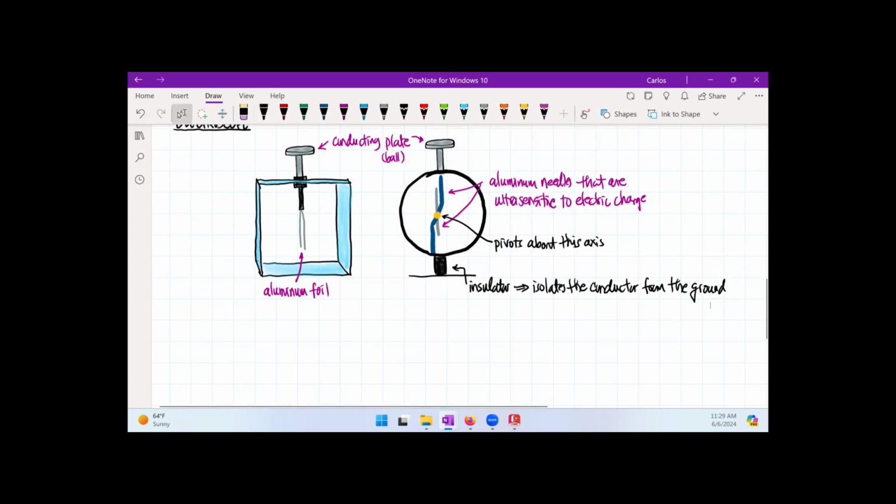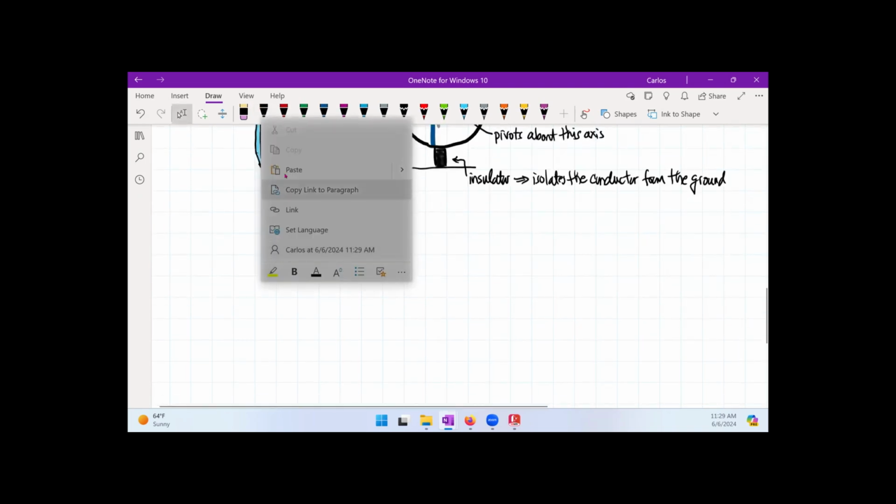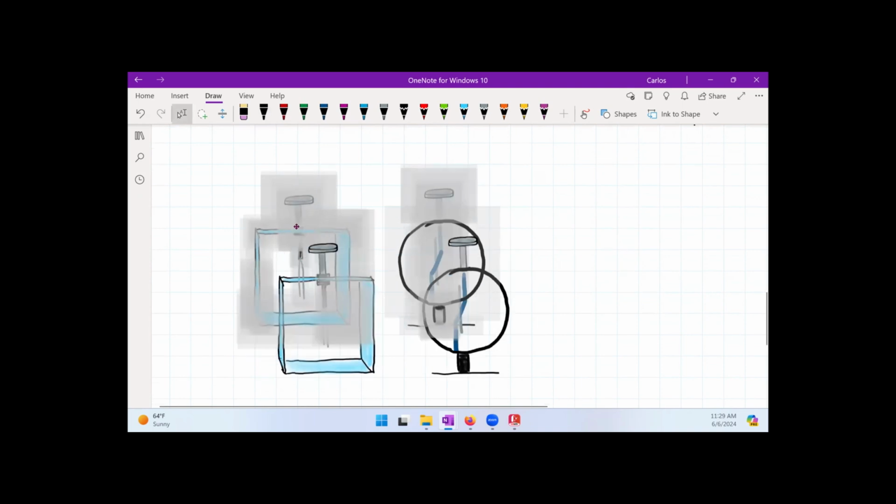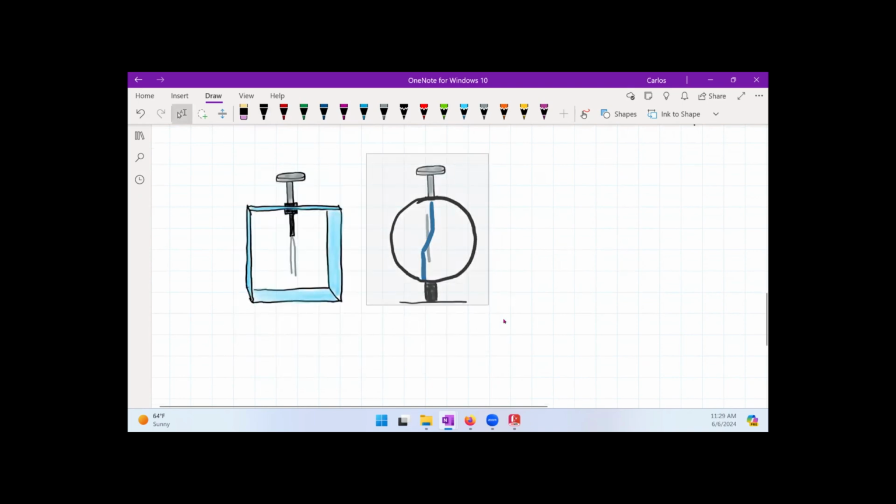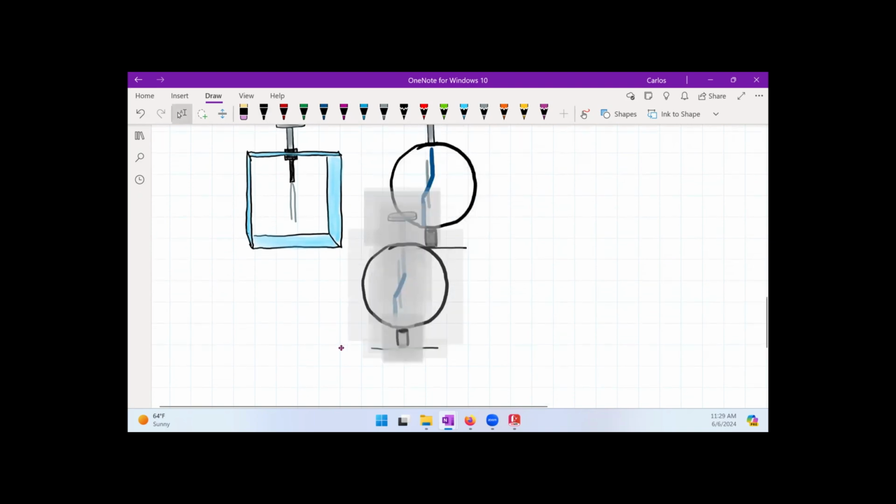So now, here's what we're going to do. I'm going to have the exact same situation. So I'm going to come in here and paste this guy right here, and I'm going to move this guy down here.